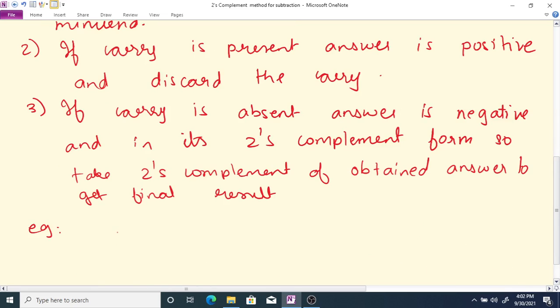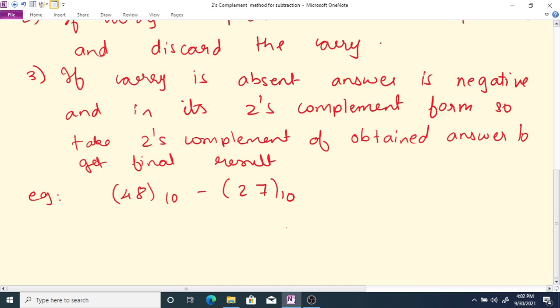Suppose we have 48 minus 27. So, here A, that is minuend, will be 48 and B, subtrahend, will be 27.